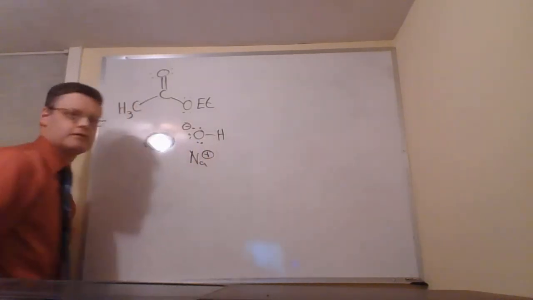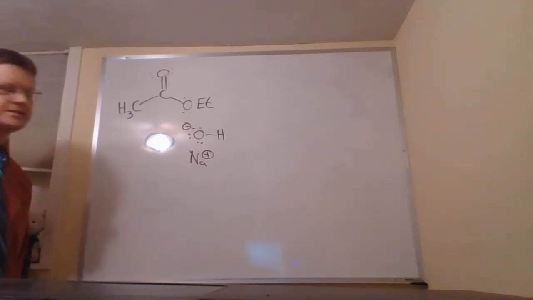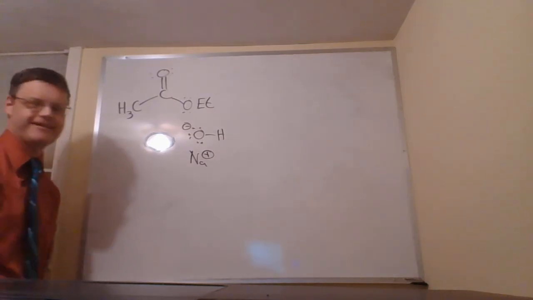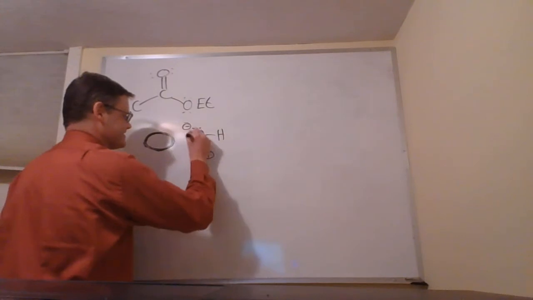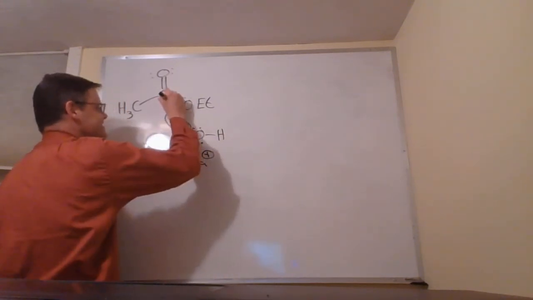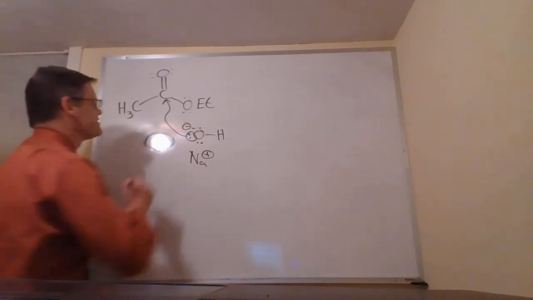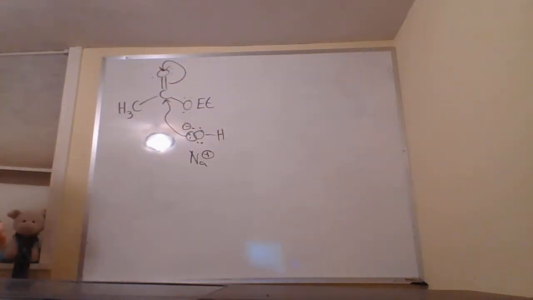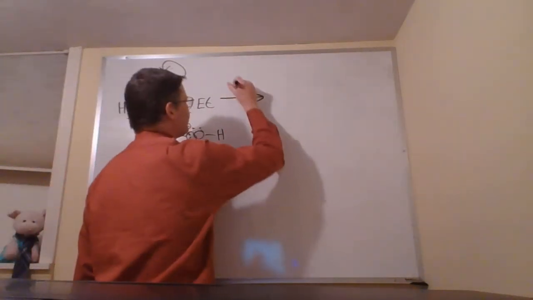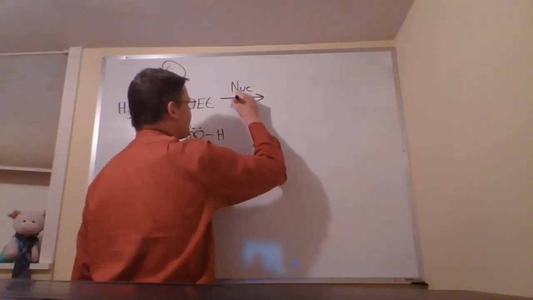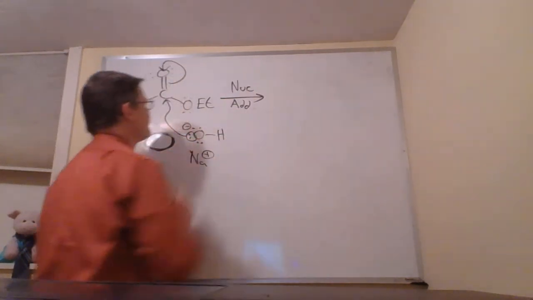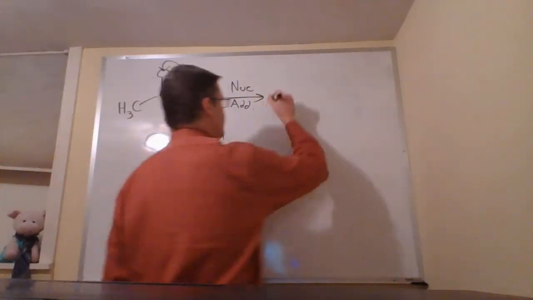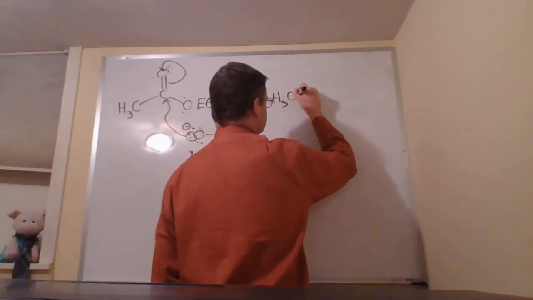We don't have March Madness this year, so we'll just have nucleophilic additions. And we'll have sodium ions as spectators. So that's going to do a nucleophilic addition like so, and that gives us a tetrahedral intermediate.